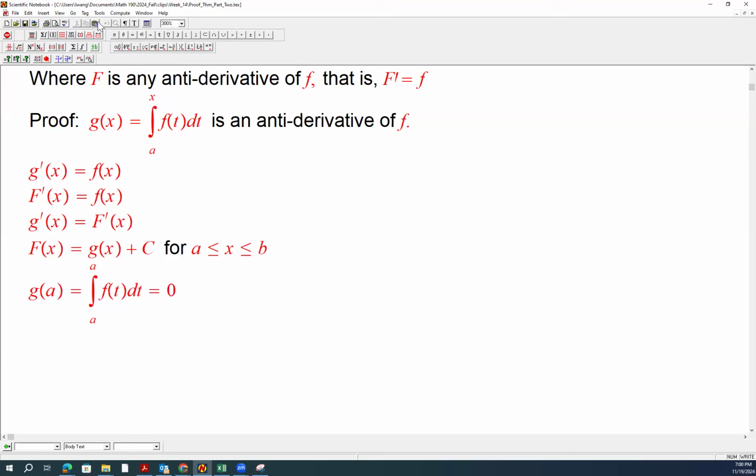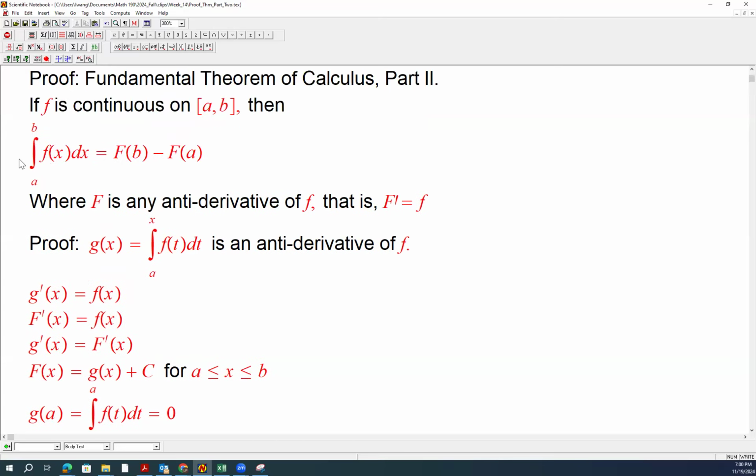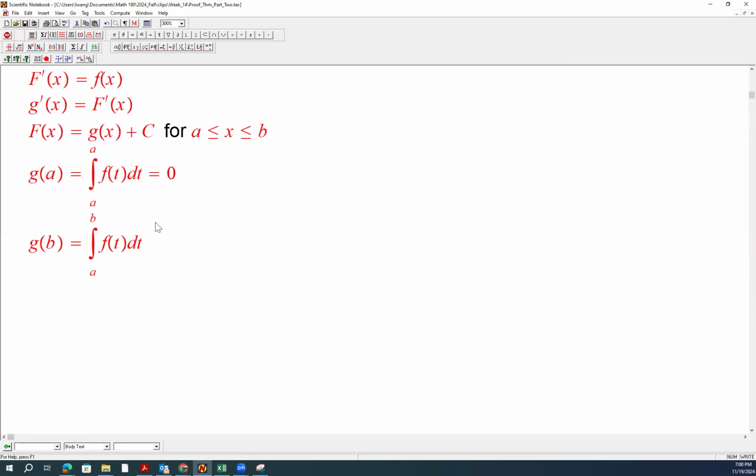What is g of b? This is g of b, and that's the same as this. The only difference is that one is x and one is t, so they're going to give us the same result.